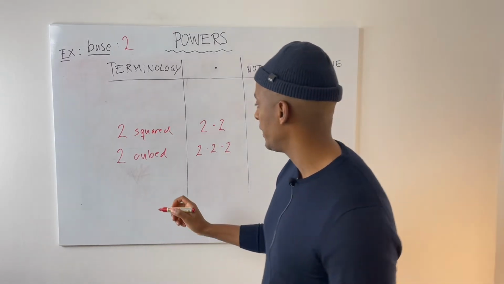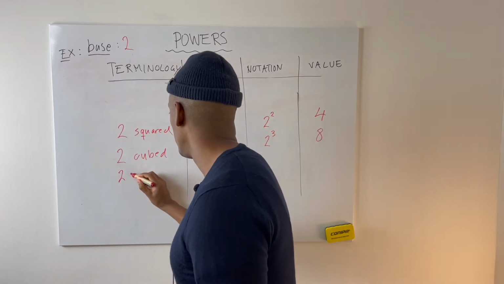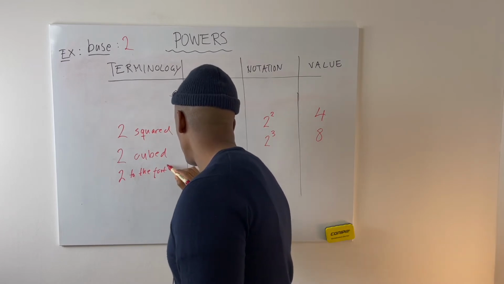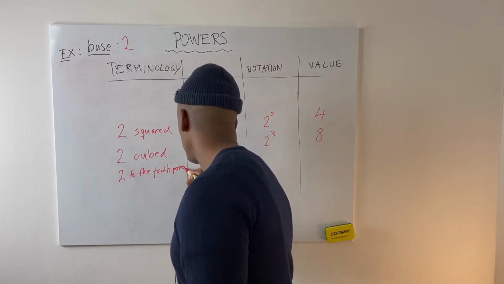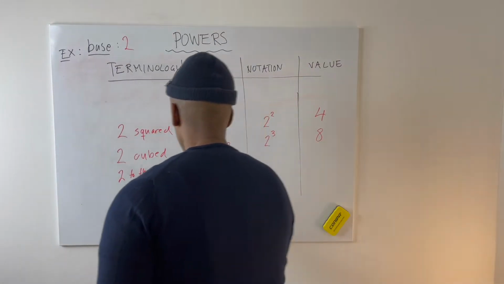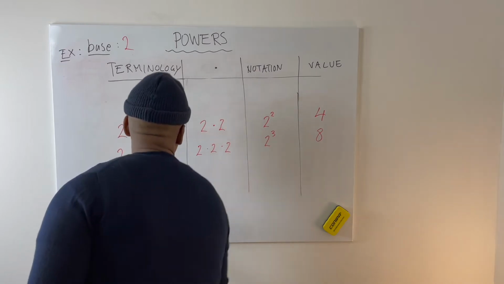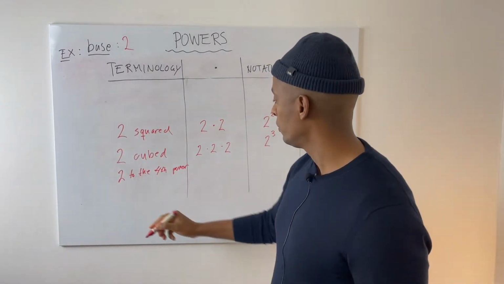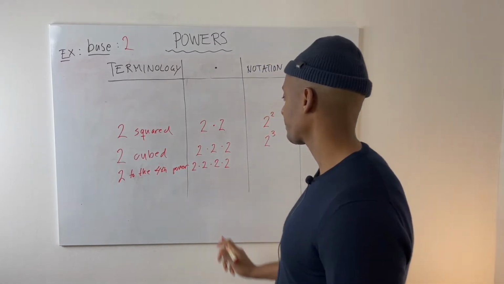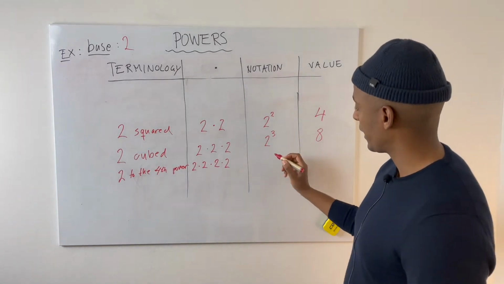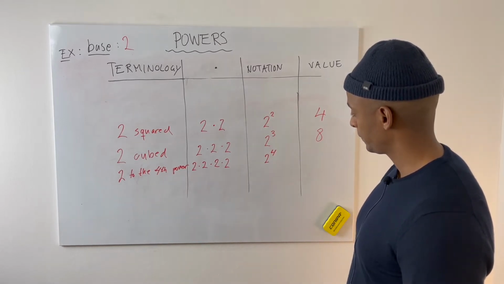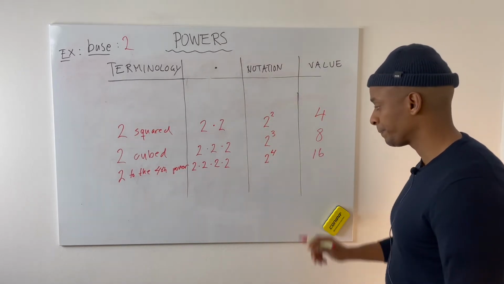We can say 2 to the 4th power. That means we're going to take 2 and multiply it with itself 4 times. Or we write it like 2 to the power of 4. And that's equal to 16.